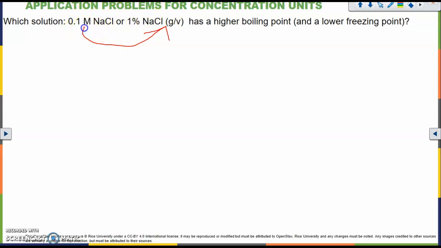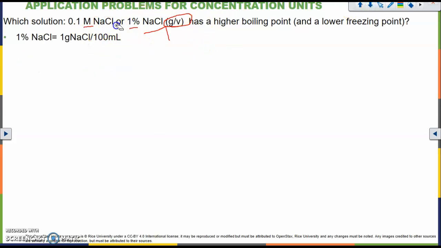This is molarity, this is percent gram volume. Or you can go from percent sodium chloride into molarity, because otherwise it's not a true comparison. Okay, so in my case I did molarity.